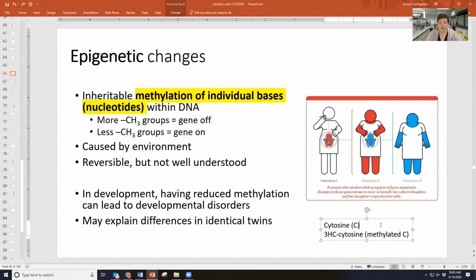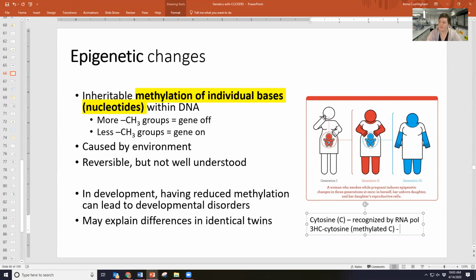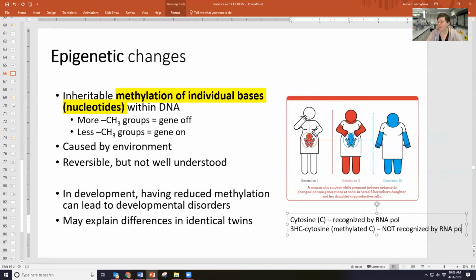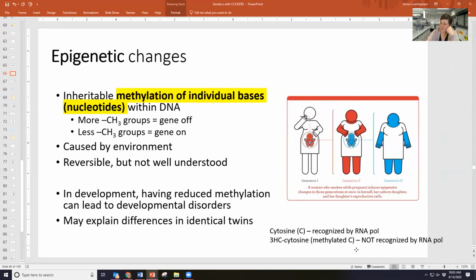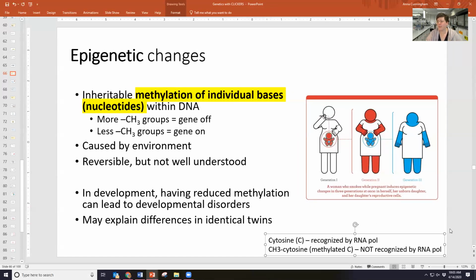Essentially, your RNA polymerase can recognize cytosine, whereas it cannot recognize a methylated nucleotide.